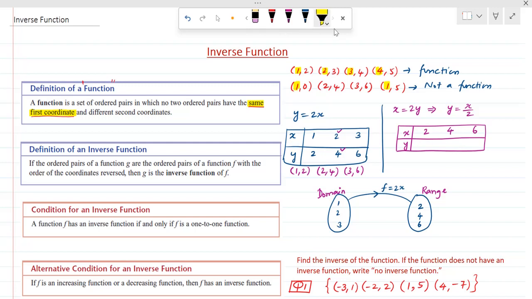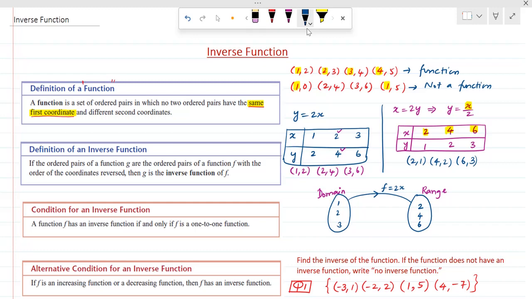When I substitute 2 here, 2 over 2 is equal to 1. 4 over 2 is equal to 2. 6 over 2 is equal to 3. Now the coordinate points are 2 comma 1, 4 comma 2 and 6 comma 3.